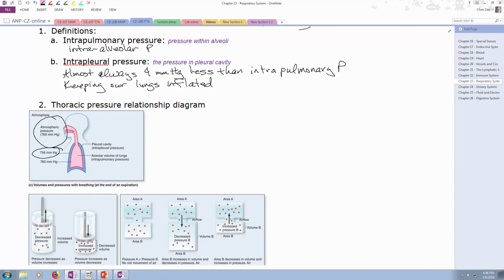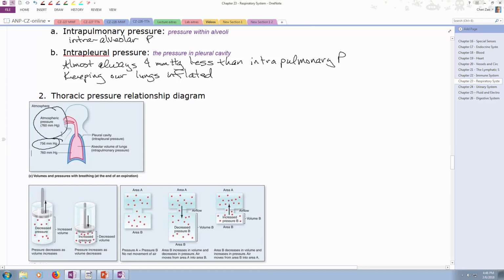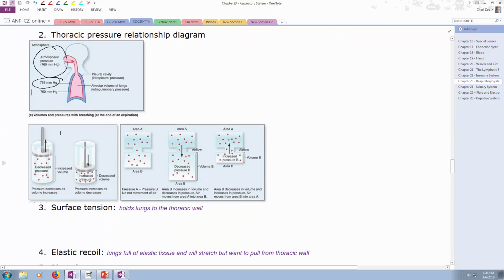Pressure wants to go from high to low, just like concentrations of materials in solution. Air goes from high pressure to low pressure. The cavity itself is a lower pressure than what's inside the lungs, and so it keeps the lungs pushed up against the wall of the cavity. That's a very important aspect of how our lungs stay inflated. There's more to this story, and we're going to get to that.